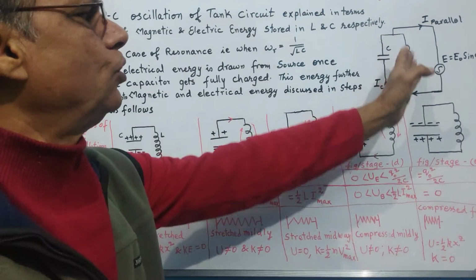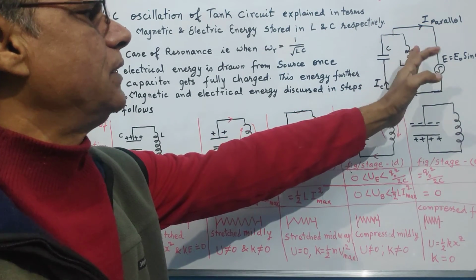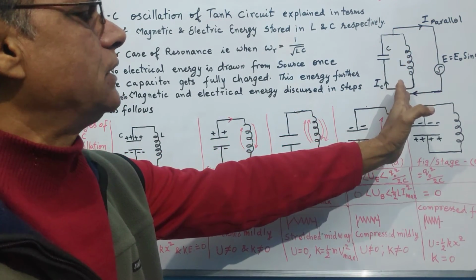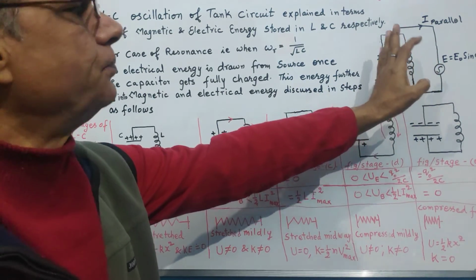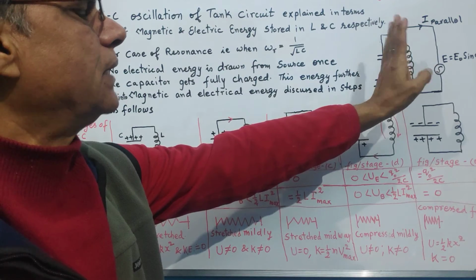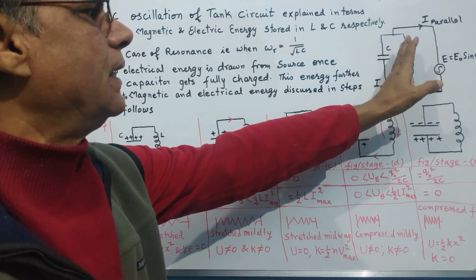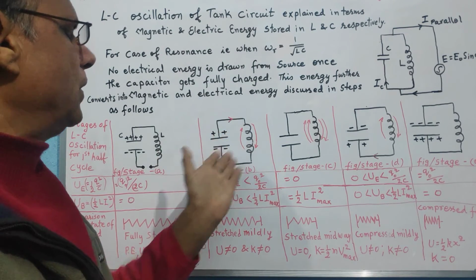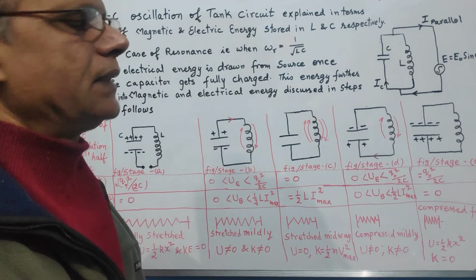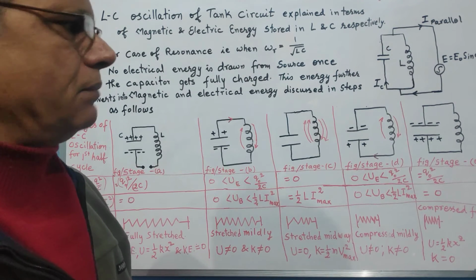Ideally, if there is no loss of energy, that means the resistive loss is 0, which is not true in any practical circuit. But if we take it like that, then the oscillation of the LC tank circuit will continue for infinite time.